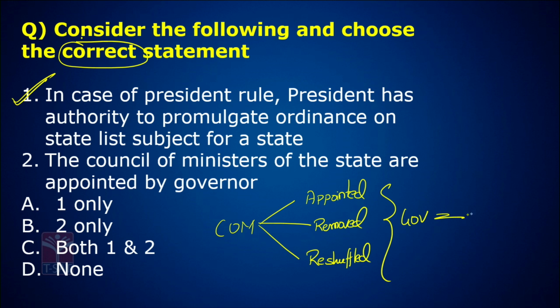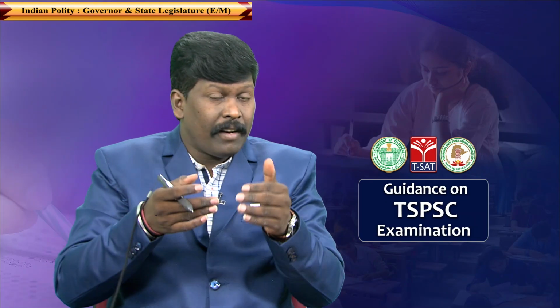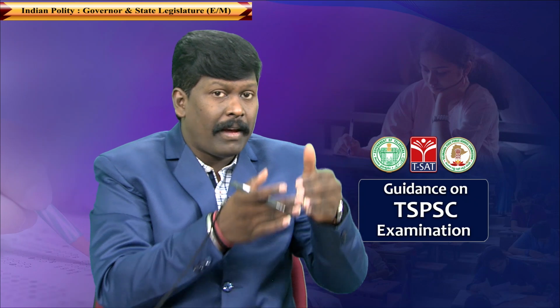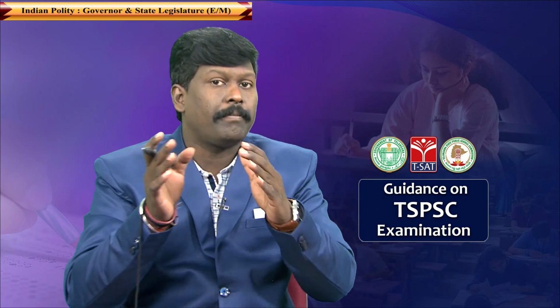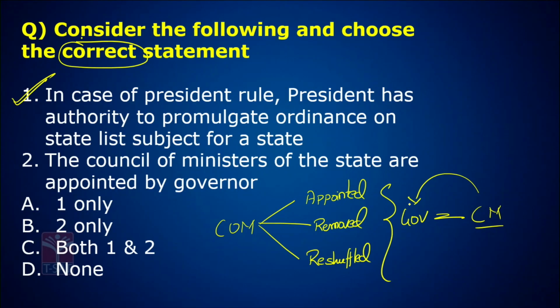He has to follow the advice of the CM. And this advice given by the CM is binding. The CM suggests the name and the Governor has to appoint that person as the minister. Okay. So the answer is C. Both the statements are correct.